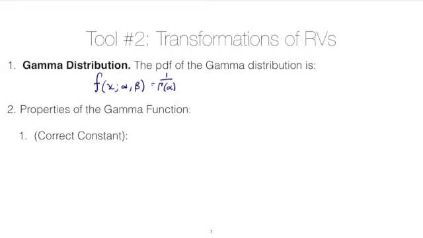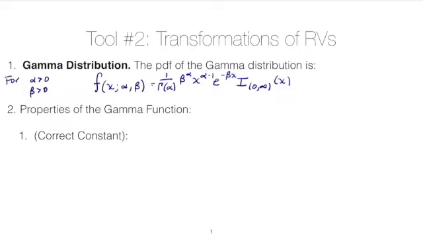Then we'll multiply by beta raised to the alpha and an x to the alpha minus 1, and then an e to the negative beta times x. And then we'll throw an indicator function at the end, the indicator over 0 to infinity of x. And so here we should note, this is for an alpha greater than 1 and a beta greater than 1.